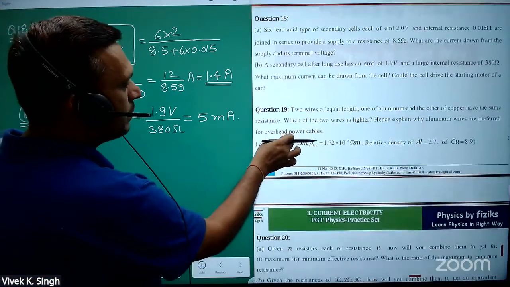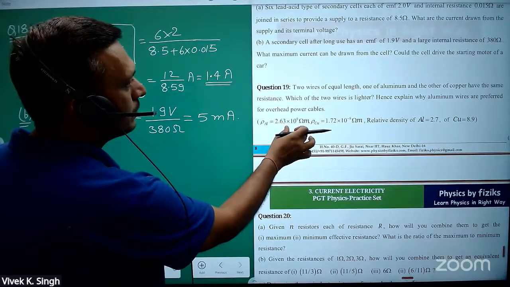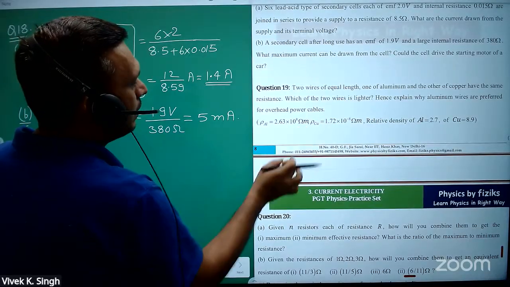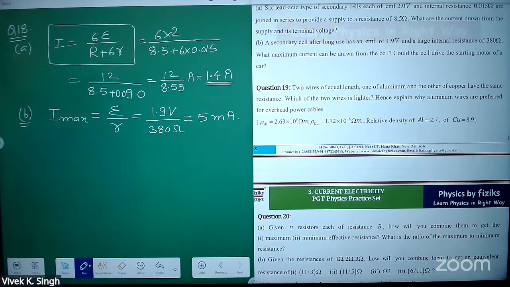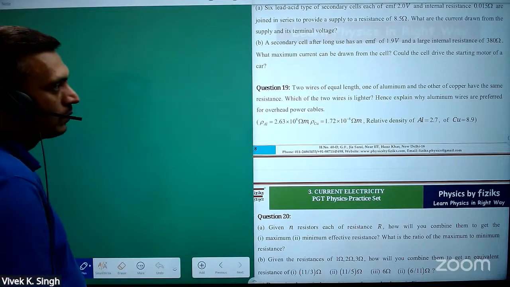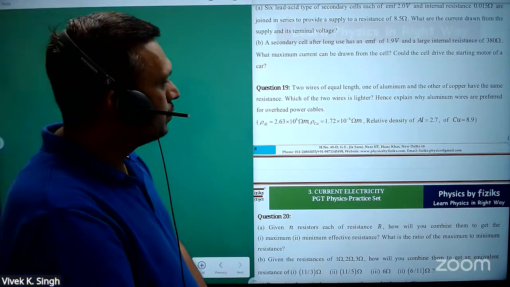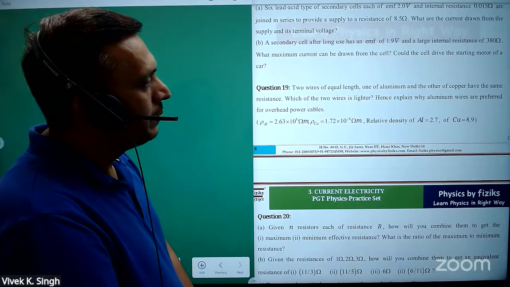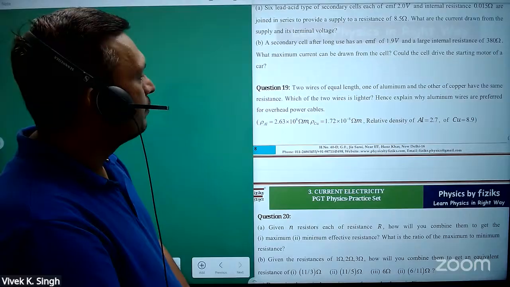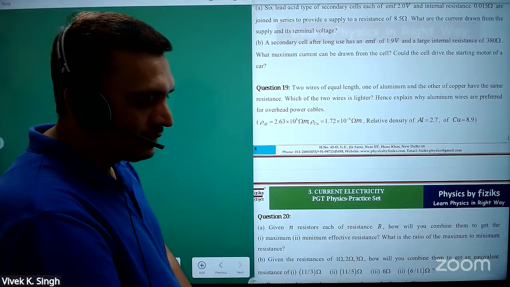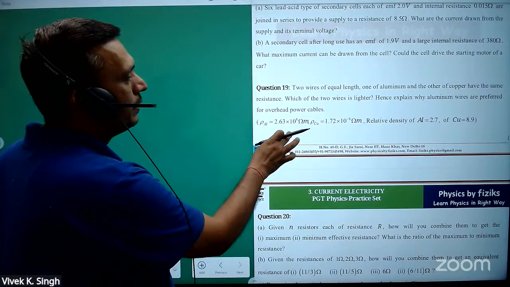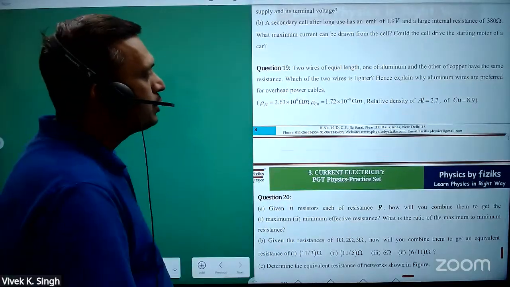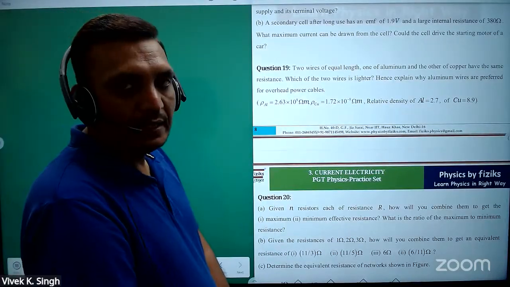Now see question number 19. There are two wires of equal length, one of aluminum and the other of copper, having the same resistance. Their resistance is same. Which of the two wires is lighter?